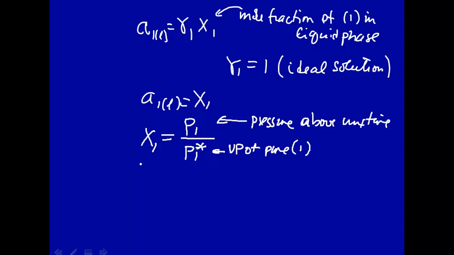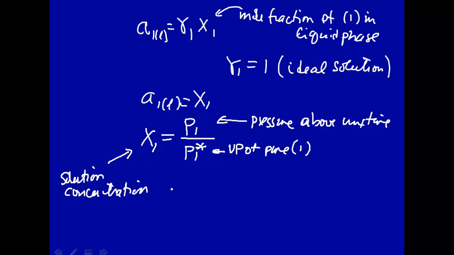So what does this mean? This means this is a solution concentration. The solution concentration, mole fraction, governs the ratio of the vapor phase, the partial pressure in the vapor phase.